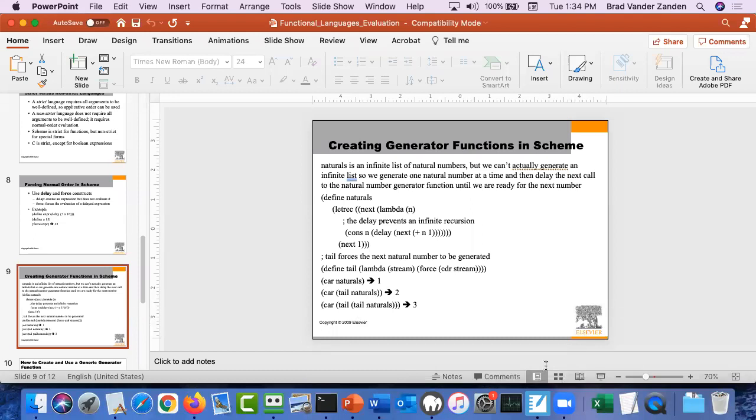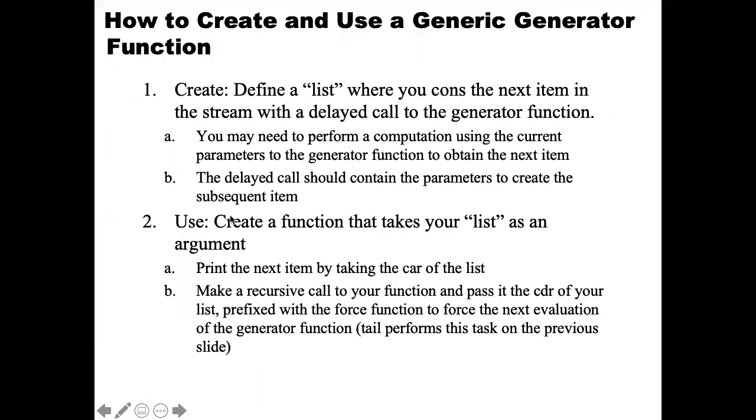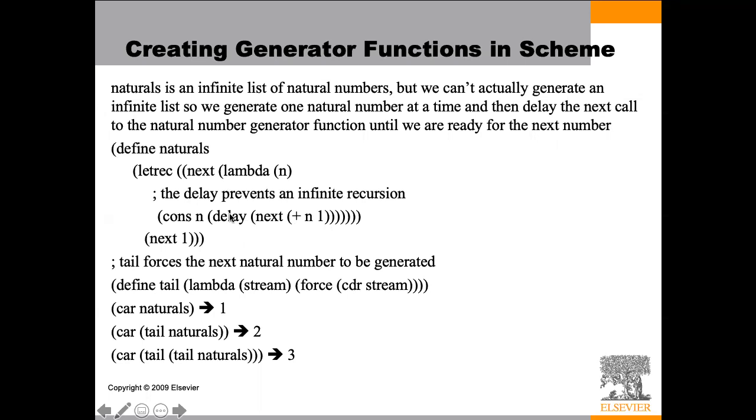So, let's see. I guess what I'm trying to say is here you can see that the way it's generating the next natural number is it is calling plus n plus 1. So that gives me the next natural number, but I'm putting a delay right there so it doesn't get immediately evaluated.